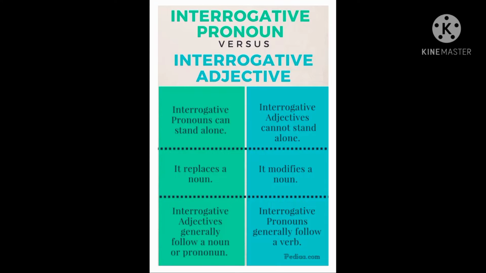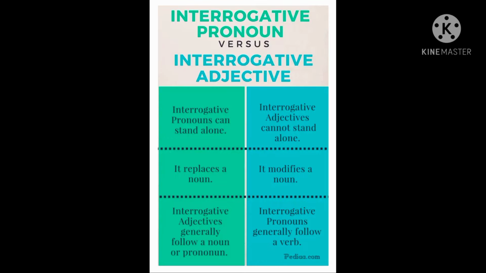Interrogative pronouns can stand alone, but interrogative adjectives cannot stand alone. Interrogative pronouns replace a noun, but interrogative adjectives modify a noun. Interrogative adjectives generally precede a noun or pronoun, but interrogative pronouns generally follow a verb. So is the difference clear to you, students?